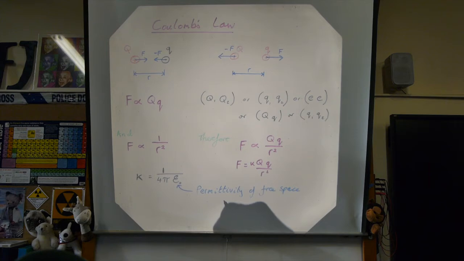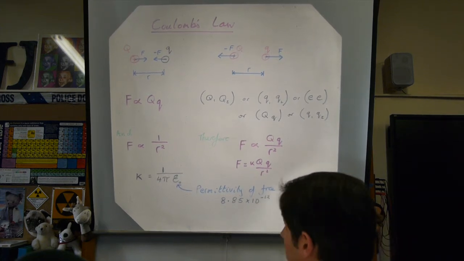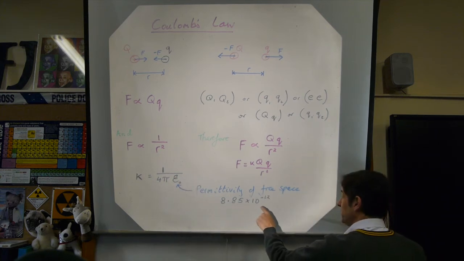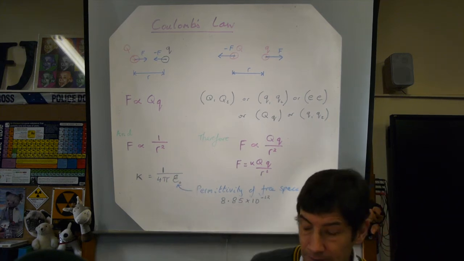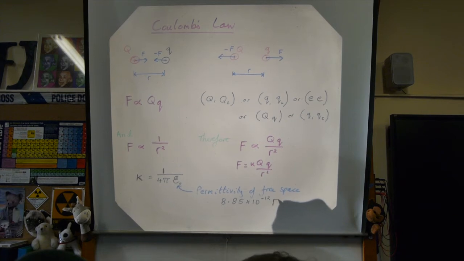Okay, you don't remember this, but you get used to it. 8.85 times 10 to the minus 12. Okay, and again, you could do a little bit of work on here to find out what units this must have. Electric fields, capacitors, farads per meter.